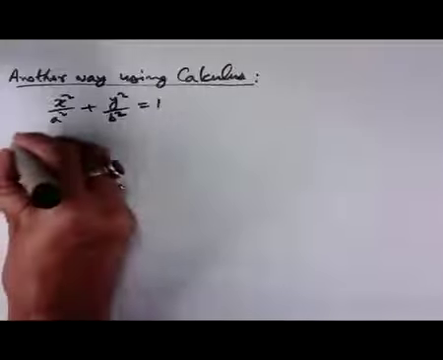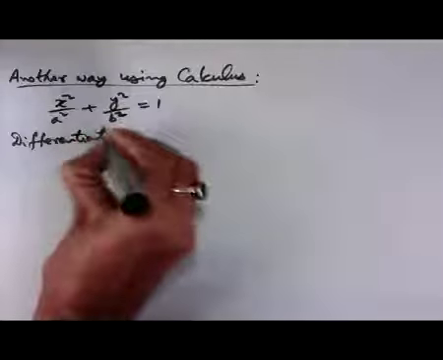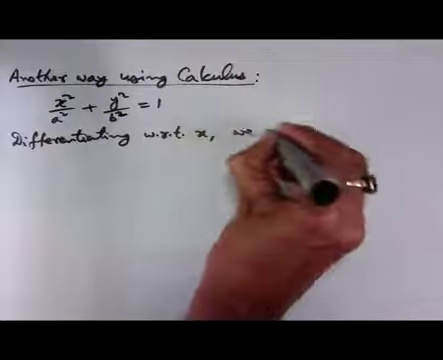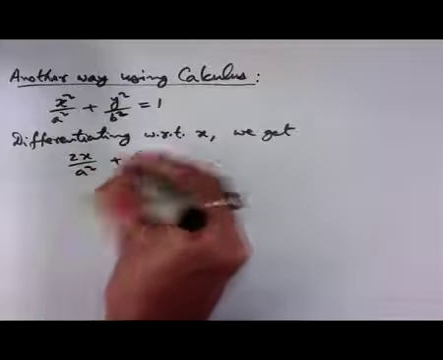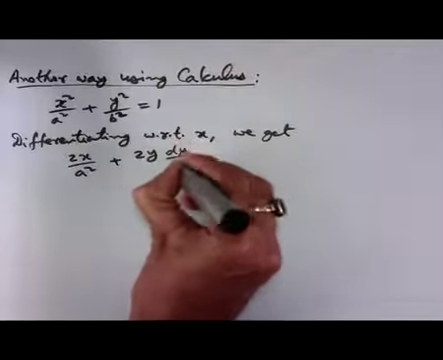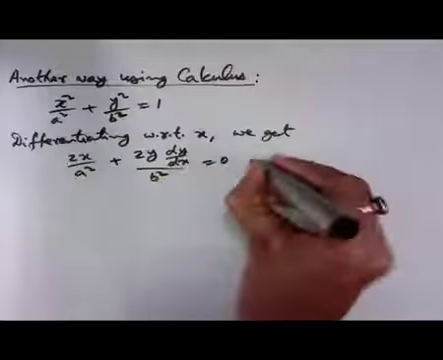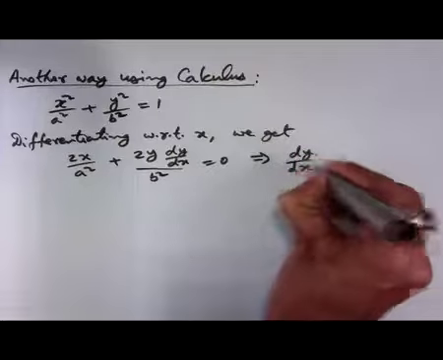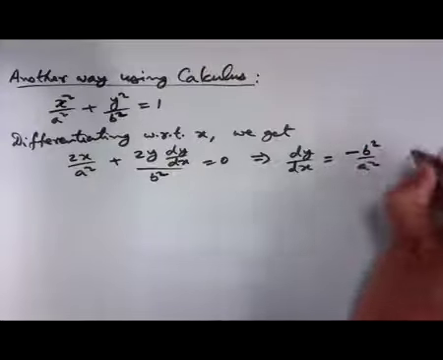Now, if we differentiate this with respect to x, we get 2x by a square plus 2y dy/dx by b square equal to 0, which implies dy/dx is equal to minus b square by a square times x by y.